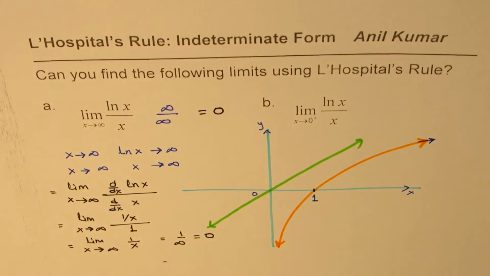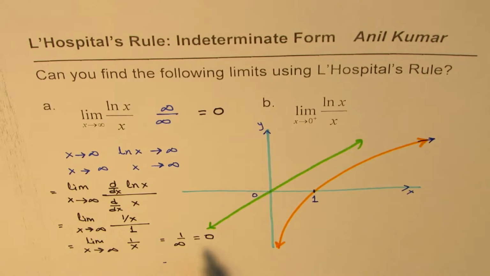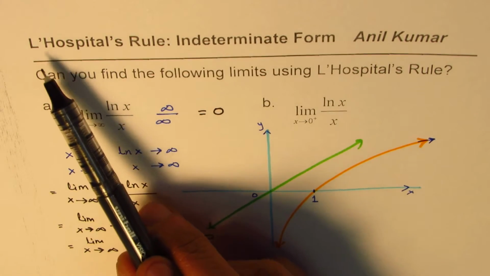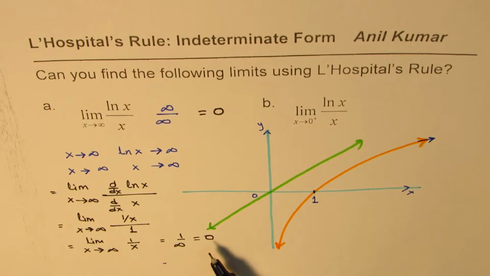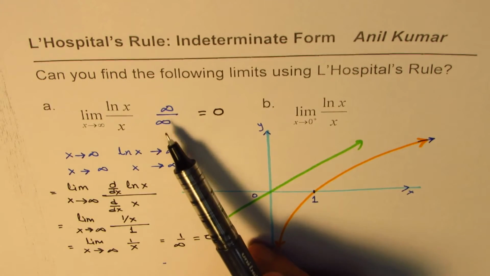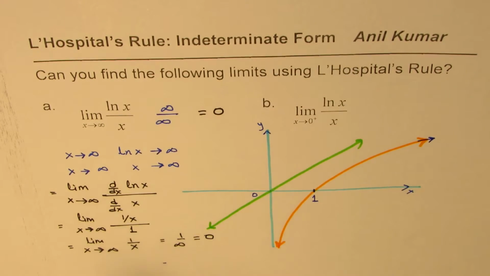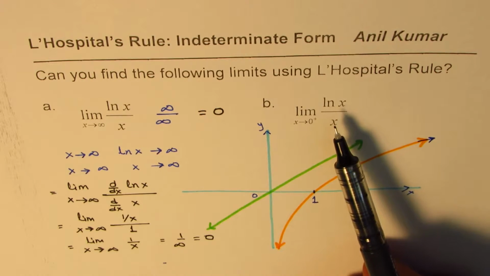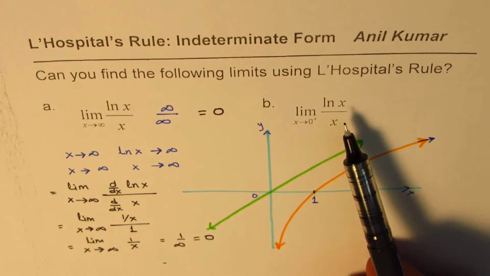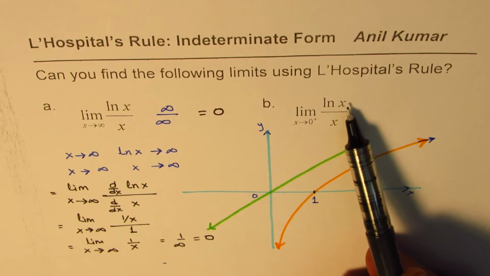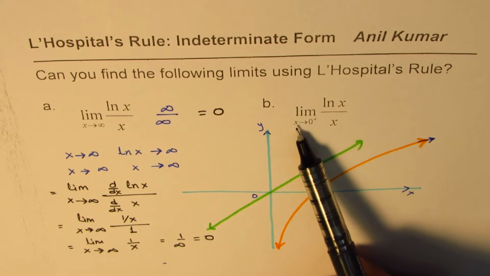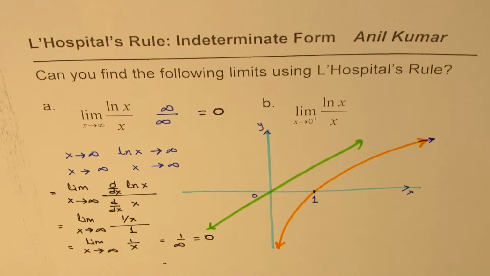So that is how, by application of L'Hopital's rule, we can find the limit of this indeterminate form. Now let's look into the second one. Here we have ln x over x, but the limit is for x approaching 0 from the right side.